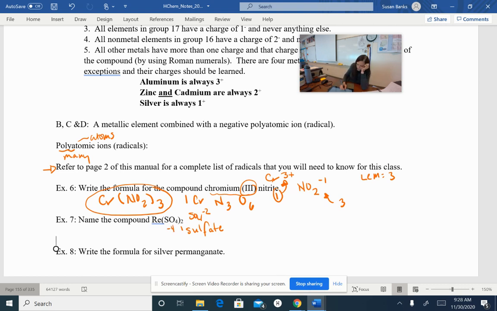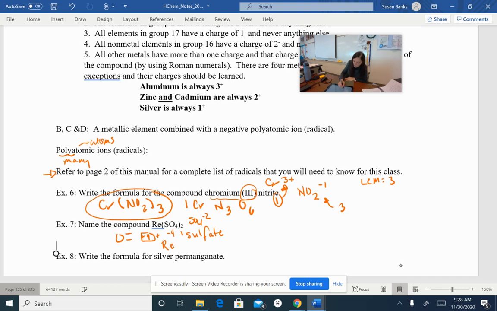So, we still need to figure this out. 0 equals something plus a negative 4. What is that something? Hopefully you said that something has to be a positive 4. So that means that the rhenium here is a positive 4. So we're going to call this rhenium 4 sulfate.